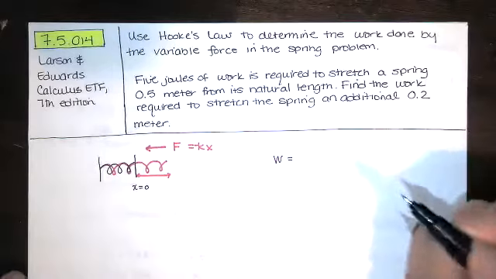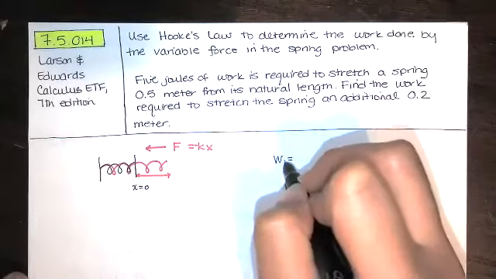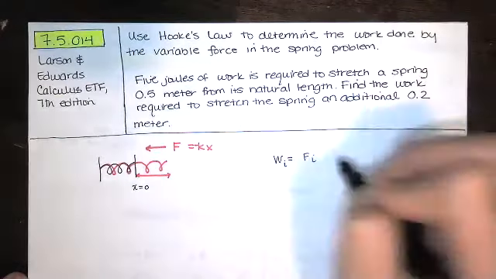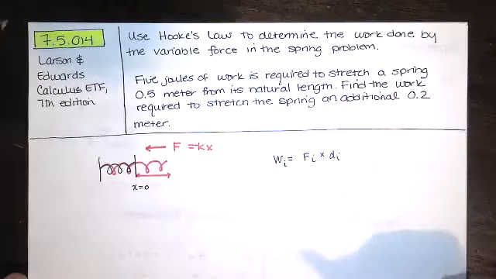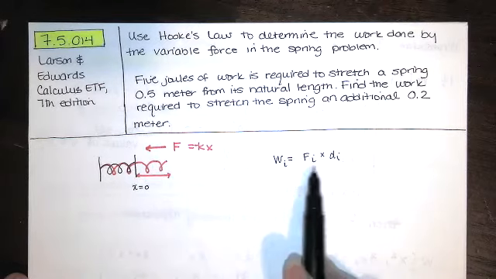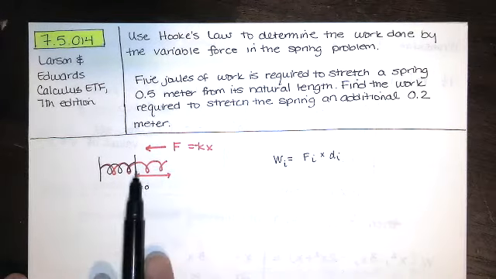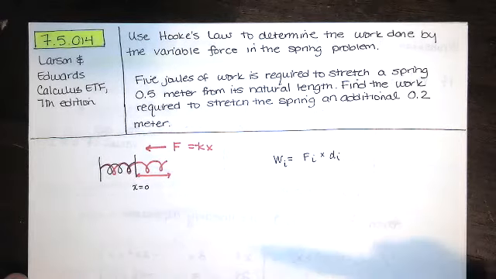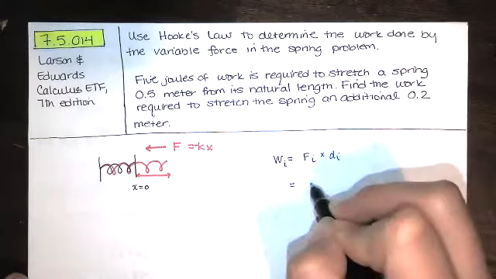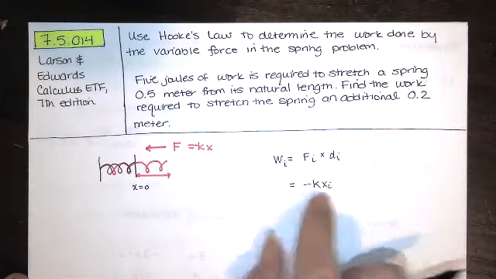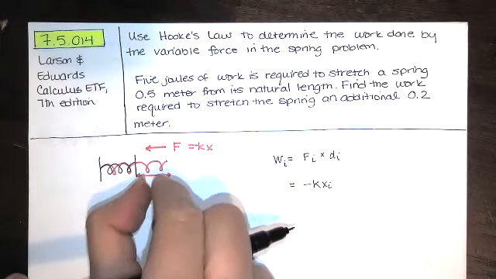The work on one little piece of the spring is the force acting on that little piece times the distance it moves through. If we're talking about a spring, the force depends on how far we are from that rest position, x equals 0. So that force would generally be negative k times the x value, and that force is only acting for a tiny little distance.